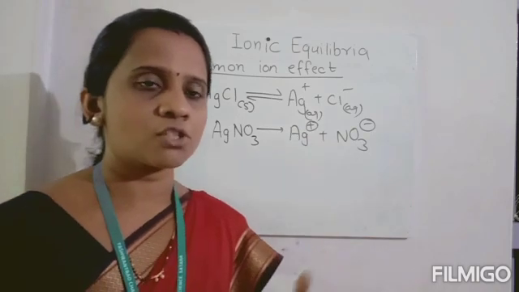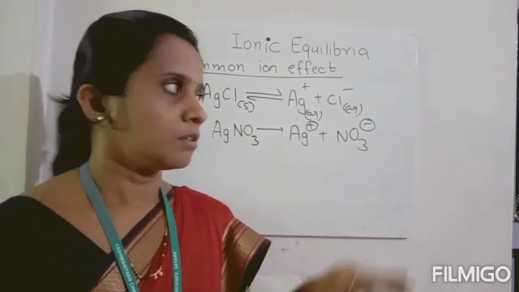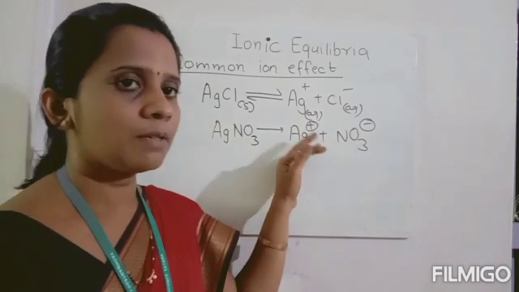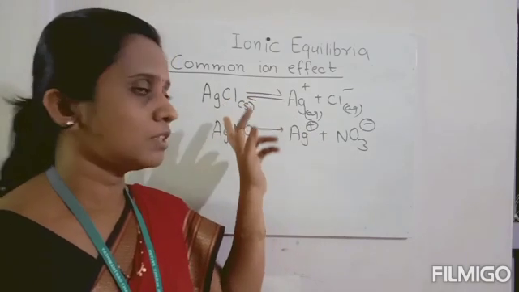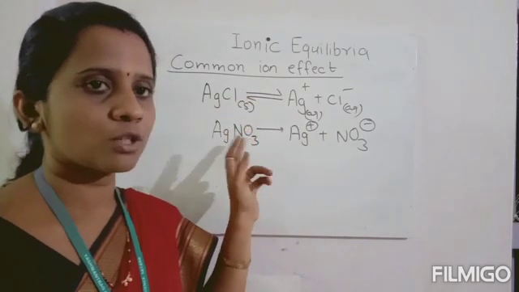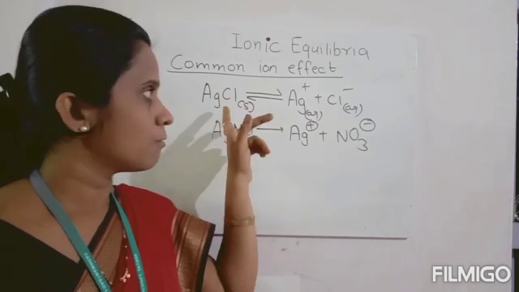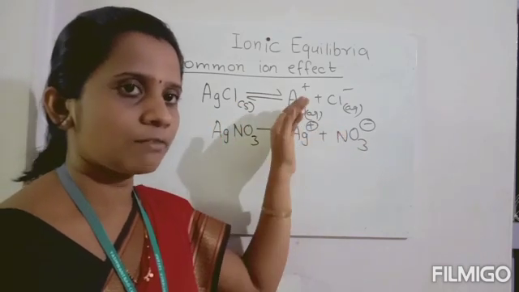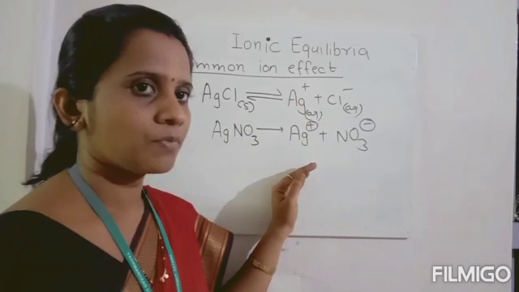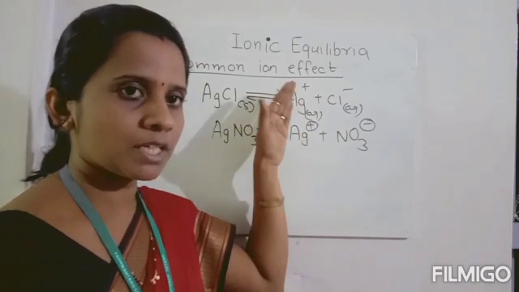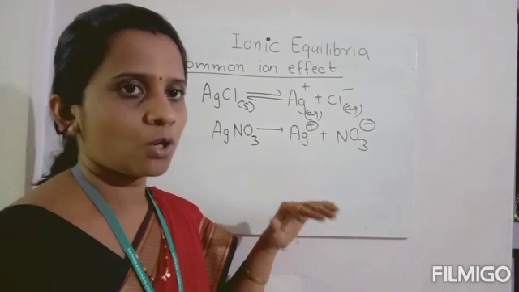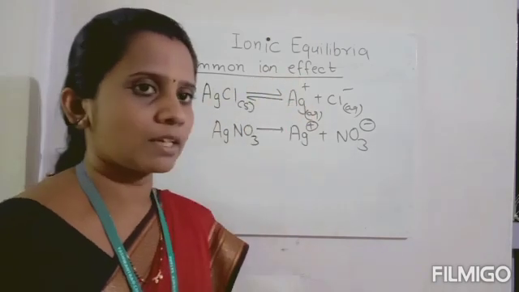So in exams question can be asked, only the difference will be they may give two different solutions or two different components. So you just have to find out the reaction and which are the common ions among them, and from that you can explain the whole process or explain the effect of common ion.